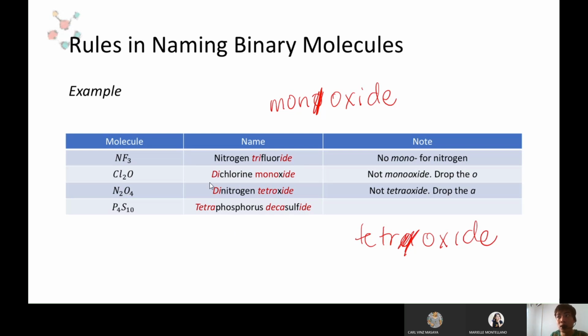Just don't use mono on the first element. When a vowel follows the Greek prefix, for example mono-oxide or tetra-oxide, you drop the A or O of the prefix to sound better. Instead of mono-oxide, we name it monoxide. Instead of tetraoxide, we name it tetroxide.